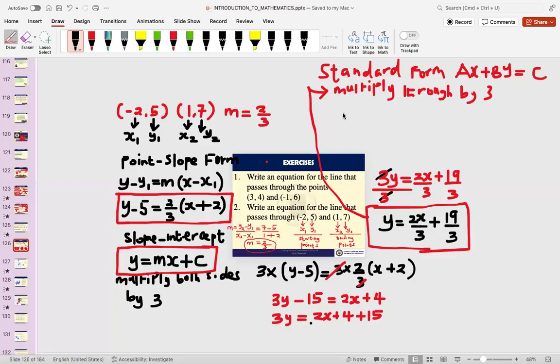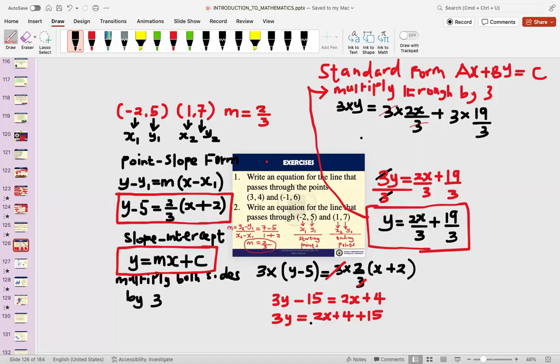We have y, so we have 3 multiplied by y is equal to 2x over 3. No, sorry, we are multiplying through by 3. So we have 3 multiplied by 2x over 3 plus 3 multiplied by 19 over 3. Then we do the cancellation. This 3 will cancel this 3.